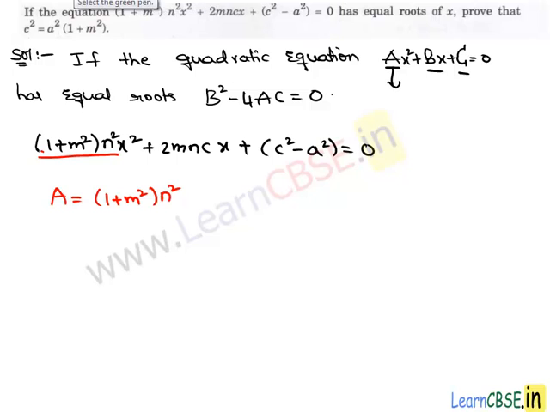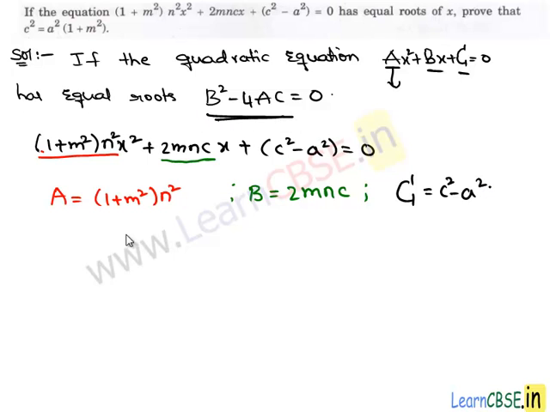Similarly, b is the coefficient of x, which is 2mnc, and c is the constant term, which is c² − a². So let's apply the given condition, which is b² − 4ac = 0.